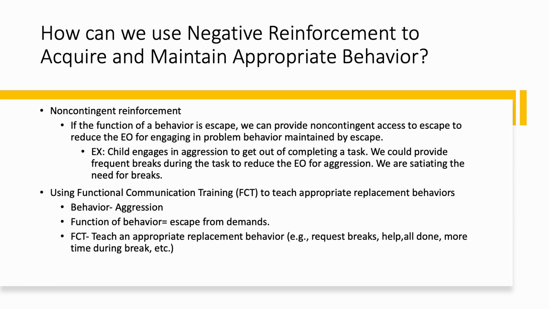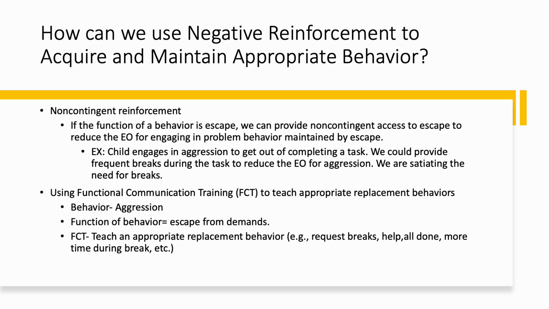Additionally, we would place the other behavior on extinction, so we wouldn't provide reinforcement for that maladaptive behavior, let's say aggression. Instead, we would reinforce only this appropriate alternative replacement behavior or behaviors that we're teaching in their place. So this is a procedure called functional communication training.